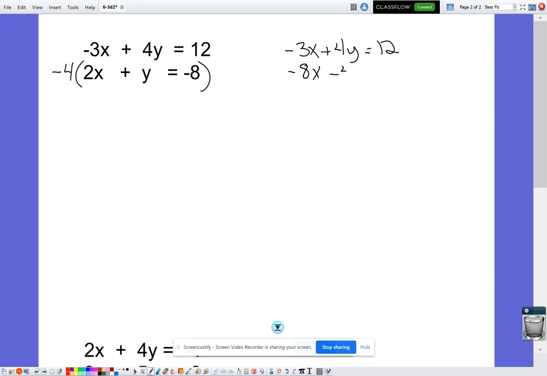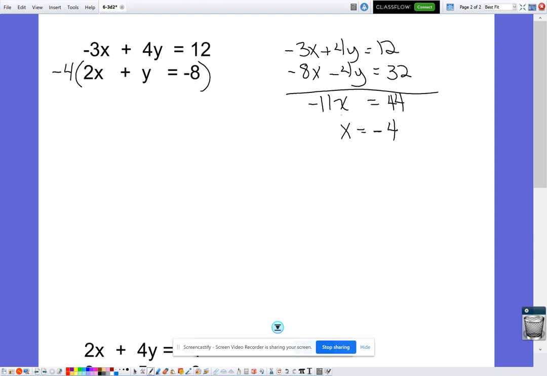Negative 8x minus 4y equals positive 32. When I add down, I get negative 11x equals 44. Divide by a negative 11, and x equals -4.